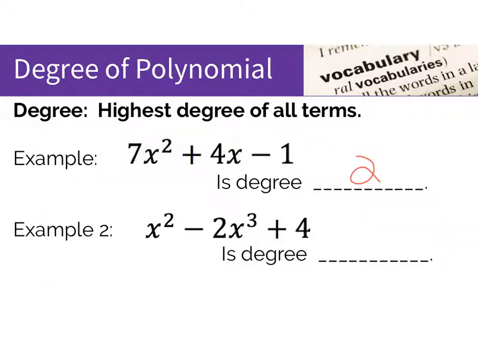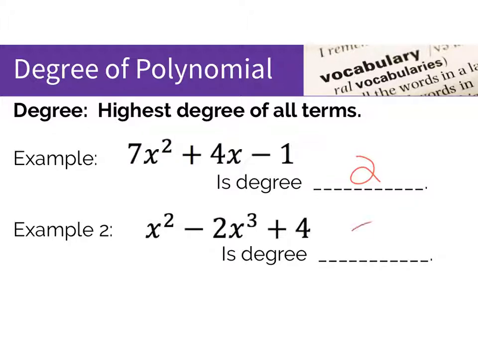Let's look at the next problem here. Here we have x squared minus 2x to the third plus 4. So this term is degree 2. This term is degree 3. That biggest exponent I see is a 3. And then this term is a degree 0. So what was the biggest number I said? 3, 2, or 0?